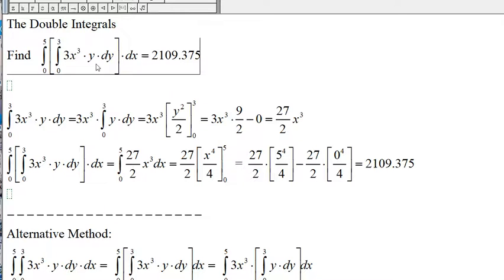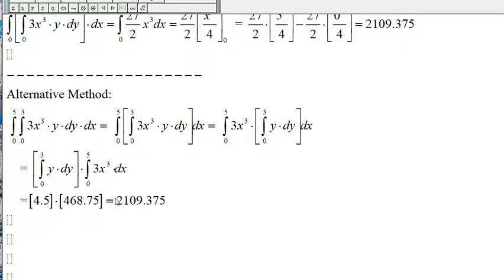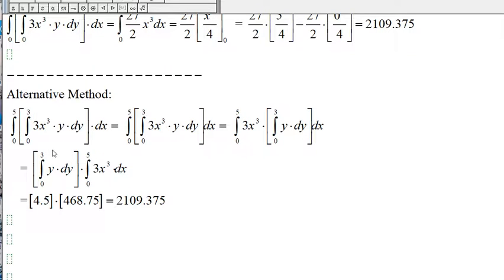And for some function like 3x to the third times y, we could also find this double integral as follows. Once again, we have this double integral, so the inside integral here is with respect to y.